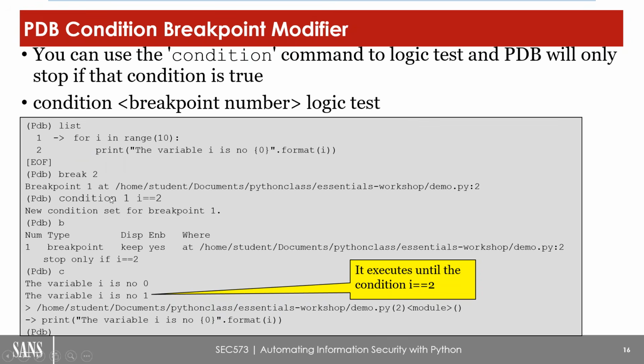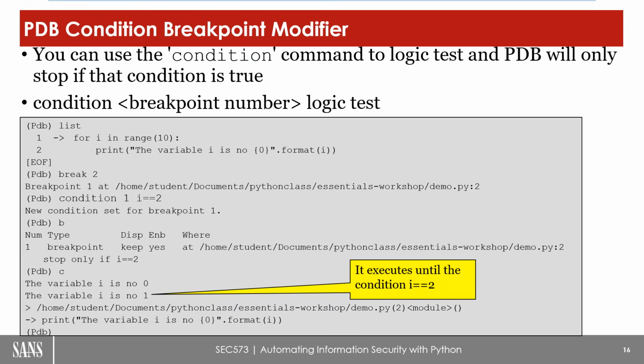Then I say the condition associated with breakpoint 1 is that I only want you to stop if the variable I is equal to 2. Now when I type B, it shows me my breakpoint. You can see at the bottom of this breakpoint it says I will only stop if I is equal to 2. Then I hit continue and it runs through, it ignores that breakpoint until I is equal to 2, at which point it drops me into my PDB prompt.